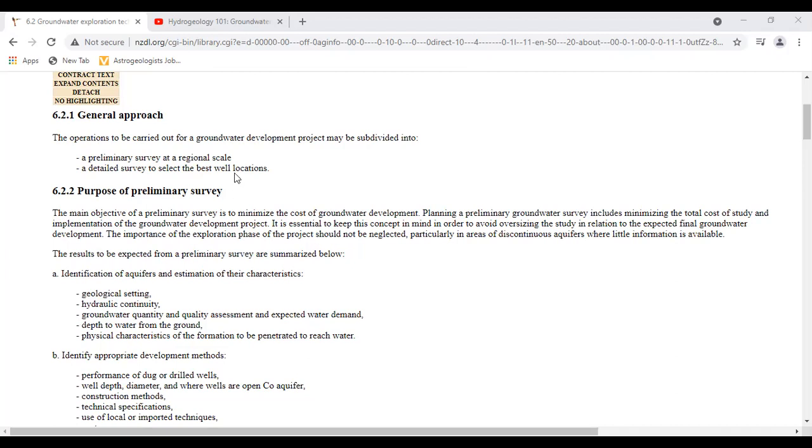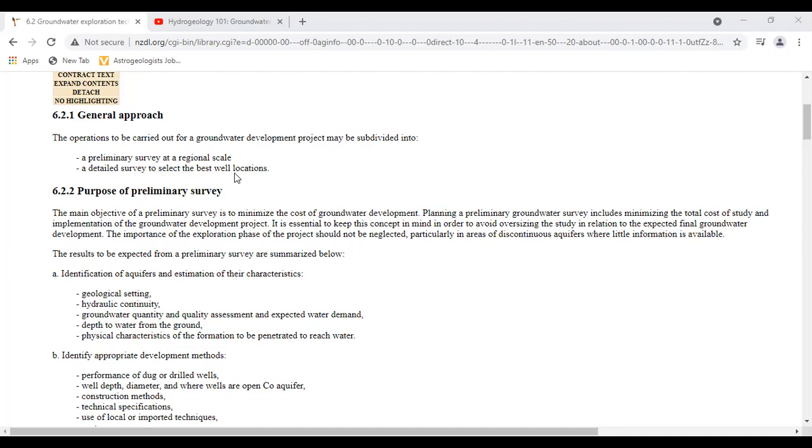When we go there, we have to observe what type of rocks are there, and how many wells exist near or far away from the farmer's crop field. Is there a different type of rock, or is there a single rock? These are our observations. These outcrop studies belong to the preliminary survey.